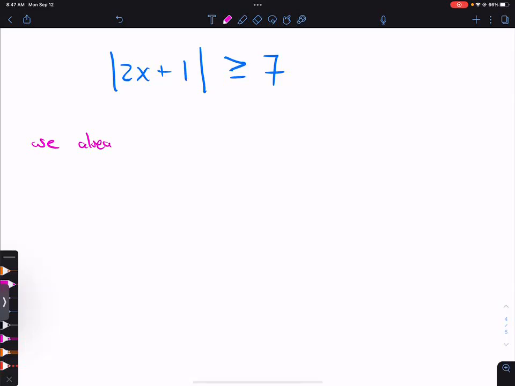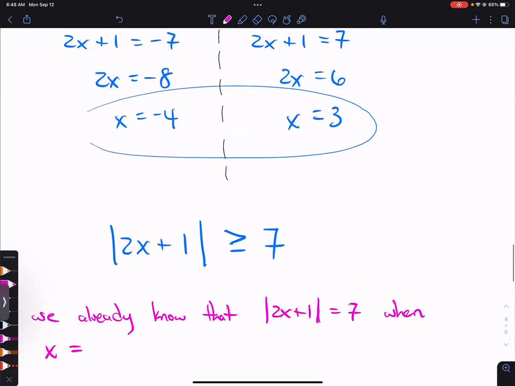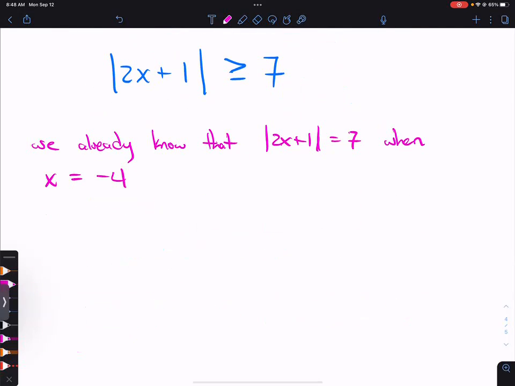What did we just do? We know that this is equal to 7 when x is -4 or 3. We just solved the equation.